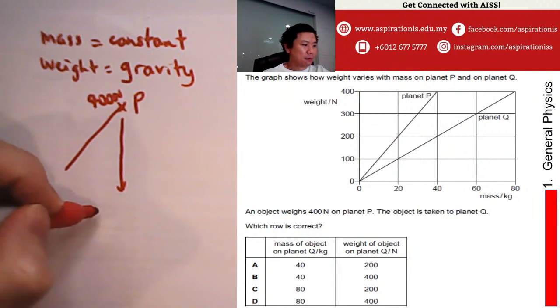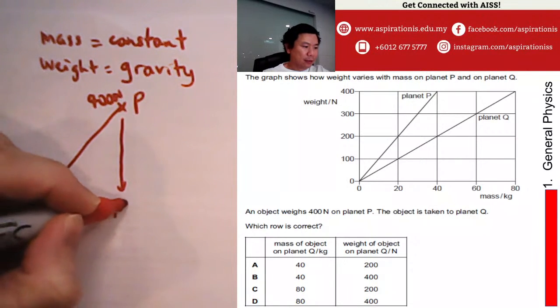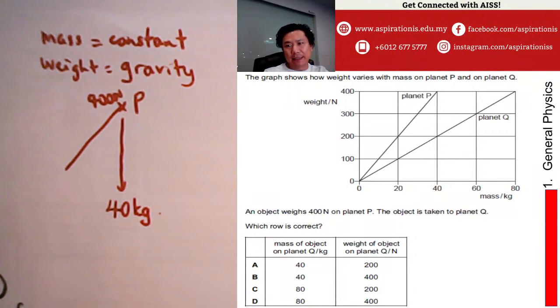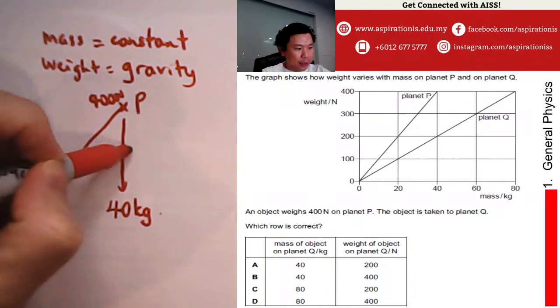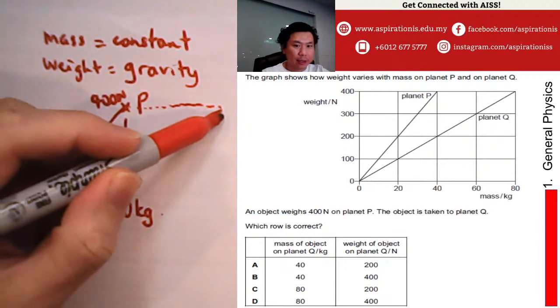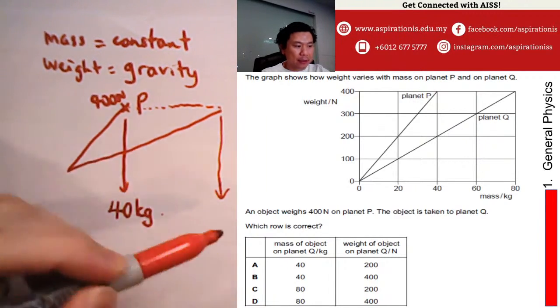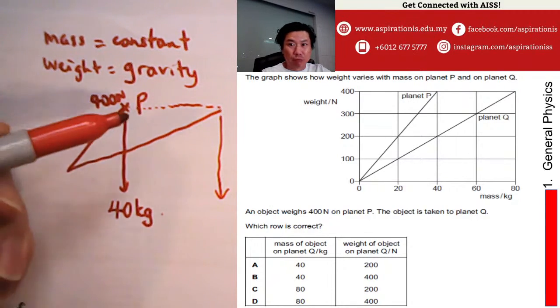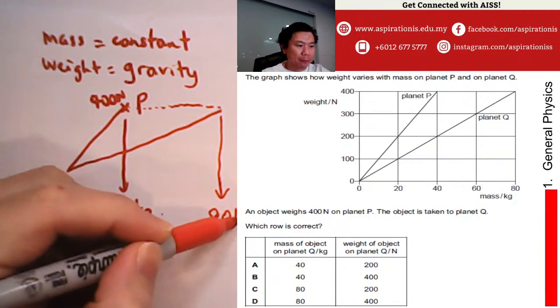Yeah, it's 40 kg. So now the role of the first line is to tell you that the mass that we are talking about is 40 kg. And now the 40 kg is taken to planet Q. So a lot of students, what they will do is, they will follow this point, and then they will get the mass of the object on planet Q, and presumably it's 80 kg.